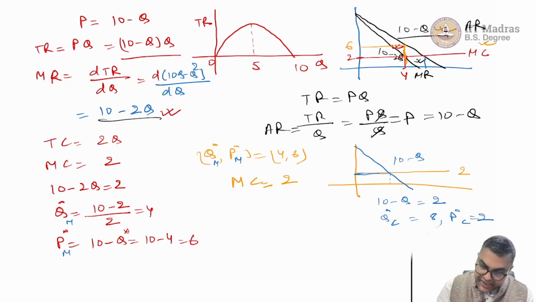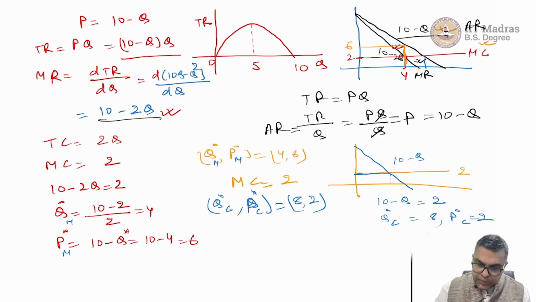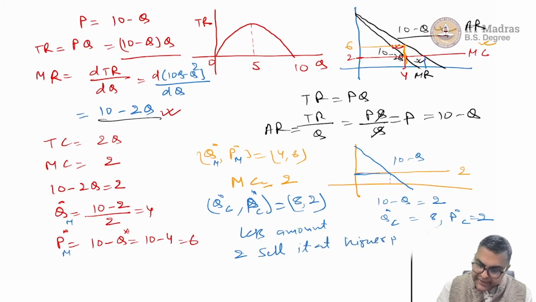Okay, so see the difference: Q star C, P star C, which is the competitive equilibrium, is 8 comma 2. So the monopolist would produce a smaller amount and sell it at a higher price, and this is what we will try to understand with a general example.